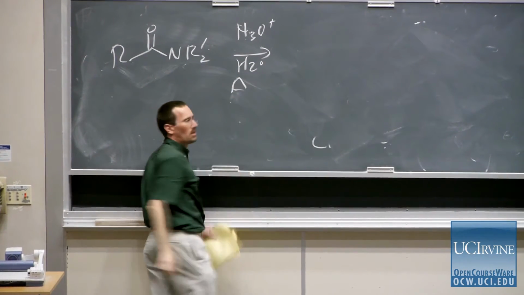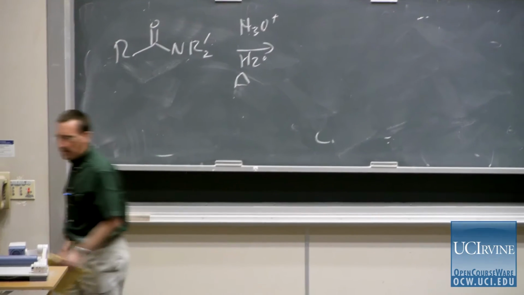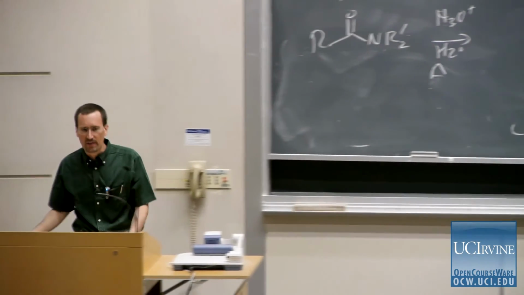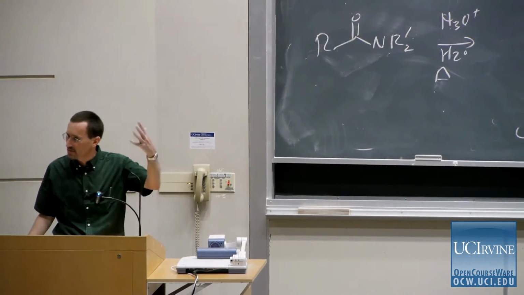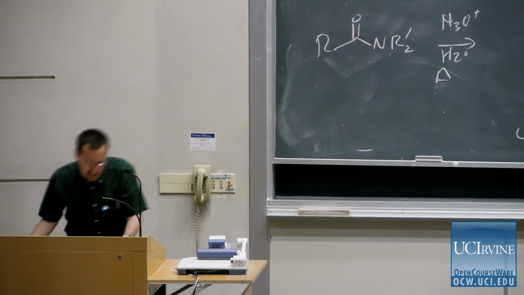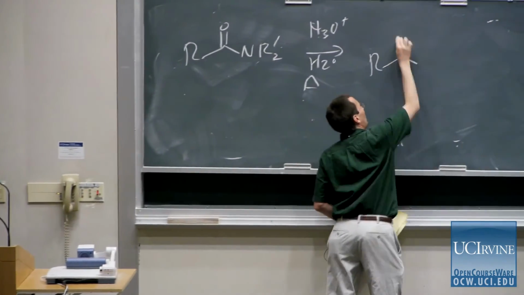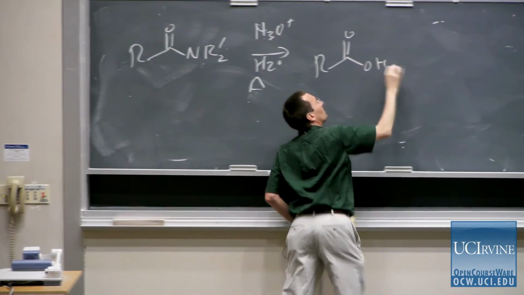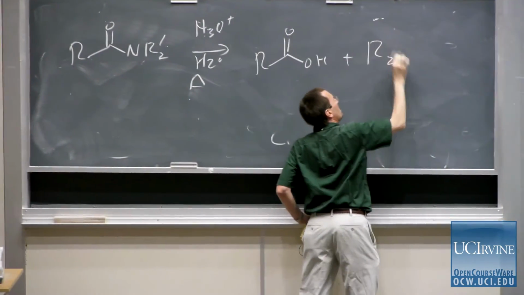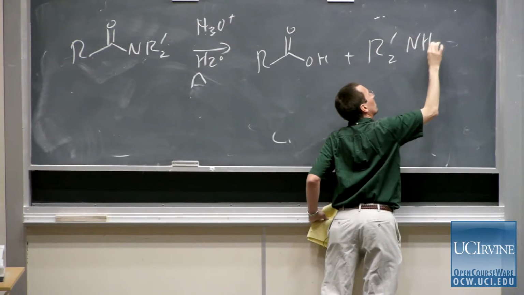Maybe heat that a little bit. And of course, you can't go to the stockroom and get a bottle of H3O+. It's going to be sulfuric acid and water or HCl and water. You'll get the carboxylic acid and the corresponding ammonium salt.